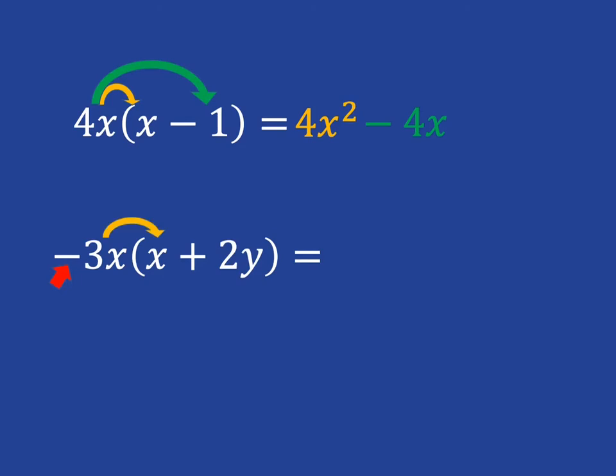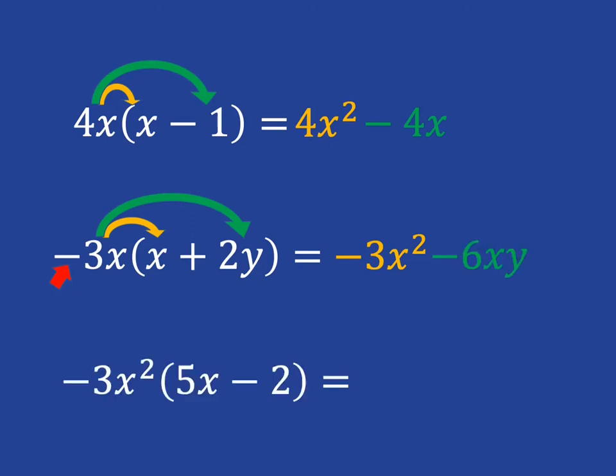So you're then going to have negative 3x times x, which is negative 3x squared, and then negative 3x times 2y, which is going to give you negative 3 times plus 2 is negative 6, so it'll give you negative 6xy.